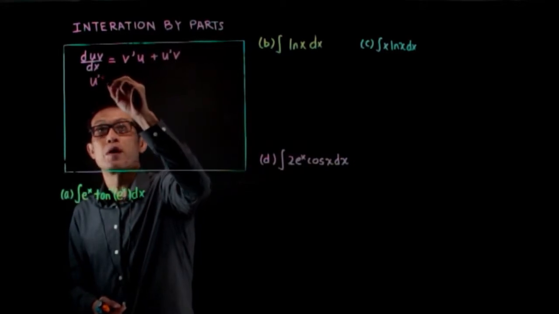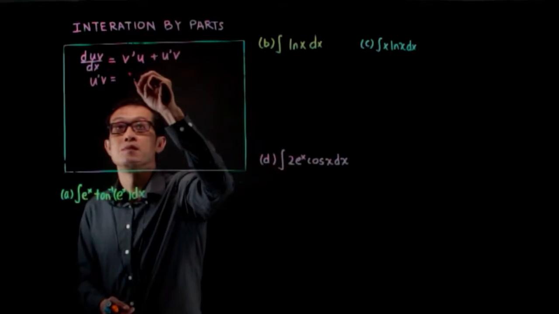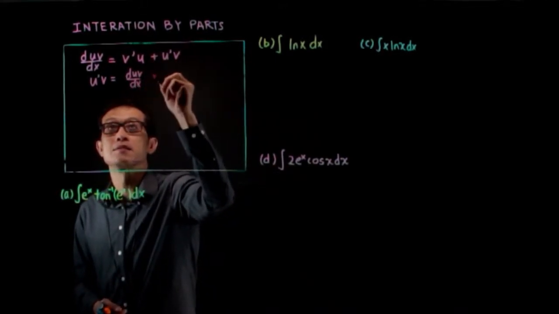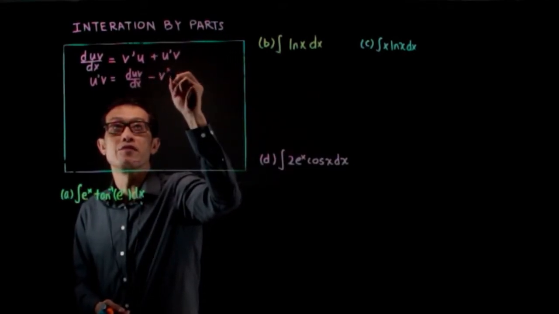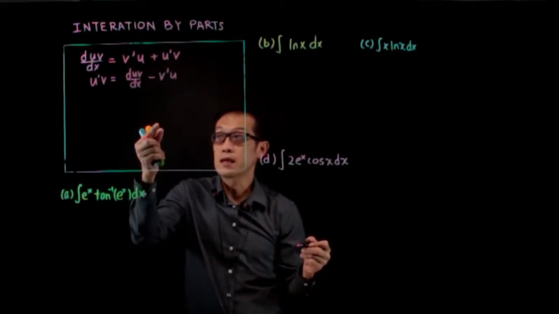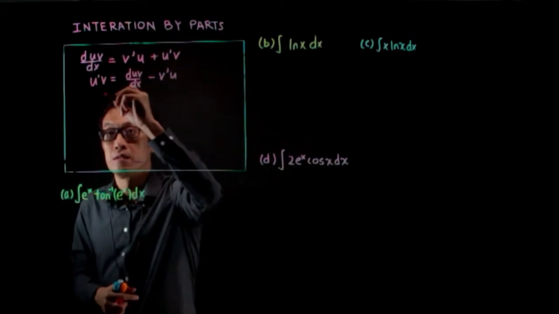So you have u prime v will be equals to d(uv) by dx minus v prime u. Now let's integrate both sides by dx.